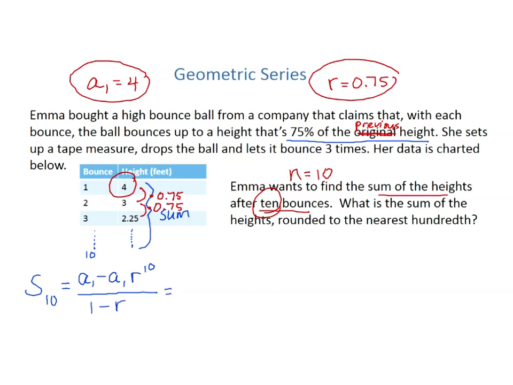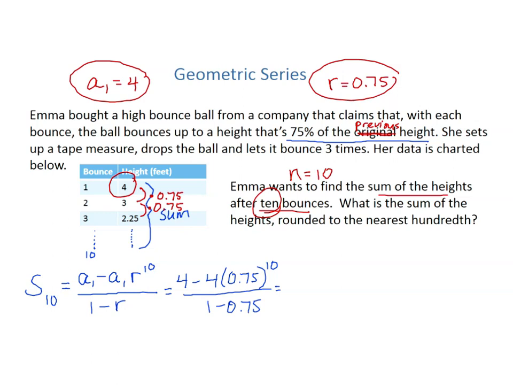So I plugged in n already. Let's plug in a1 and plug in r. So I have 4 minus 4 times r, which is 0.75, raised to the 10th power, all over 1 minus 0.75.